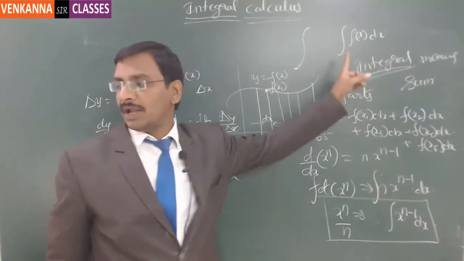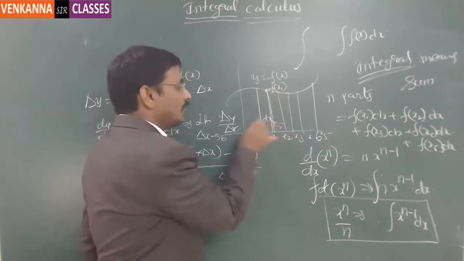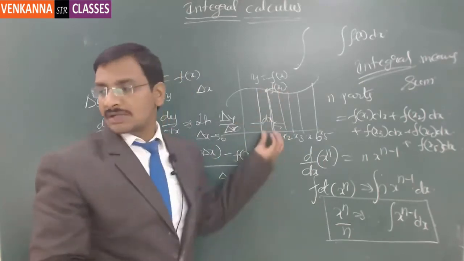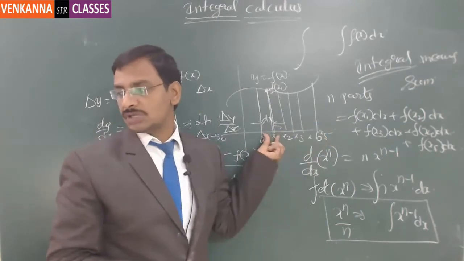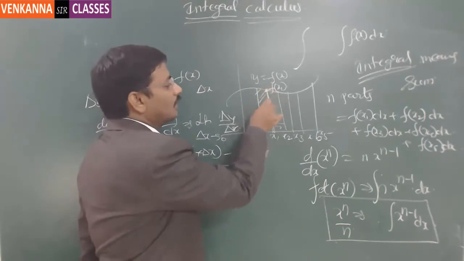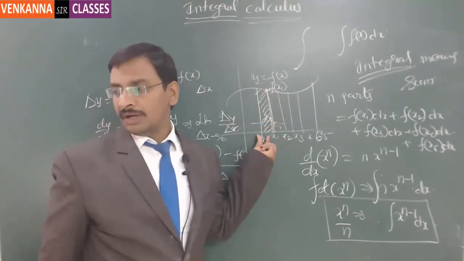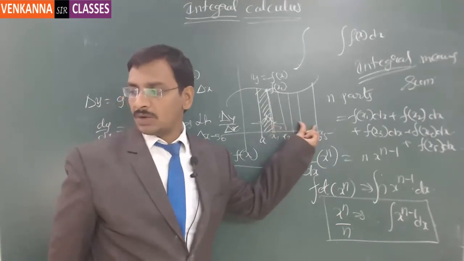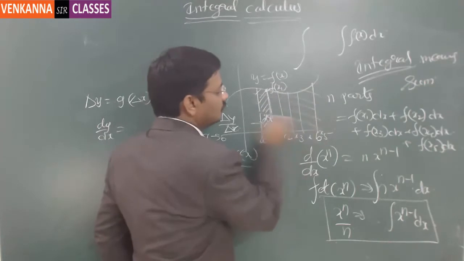Now integral f of x dx gives the functional value multiplied by dx, and all such strips you are adding. Each strip is associated with a certain area. If you multiply the function value and the dx value, it gives the strip area. All such strip areas added together give the entire area between these two.